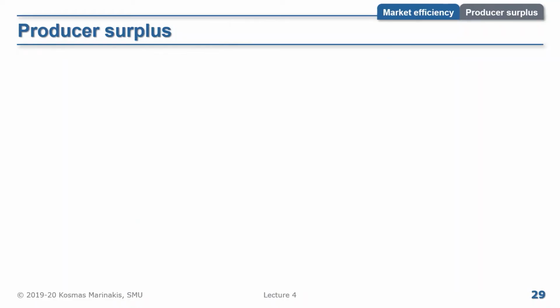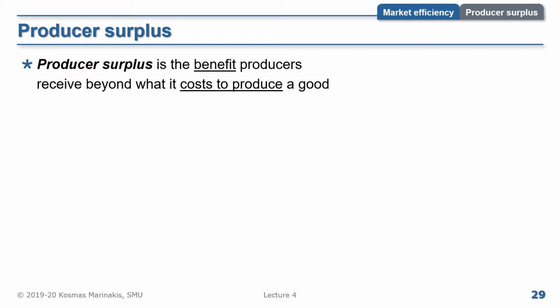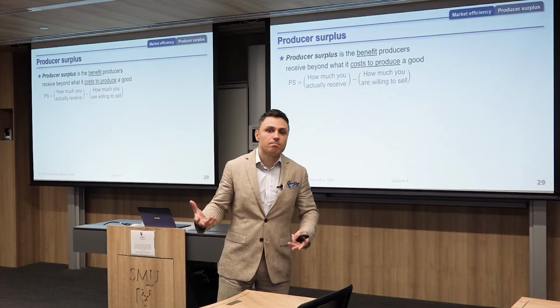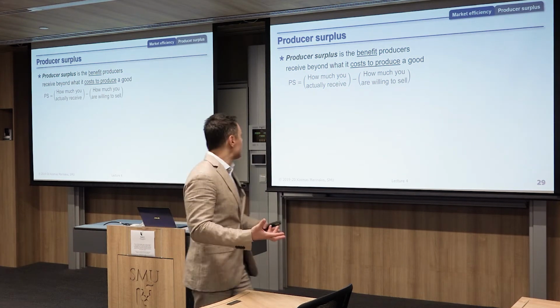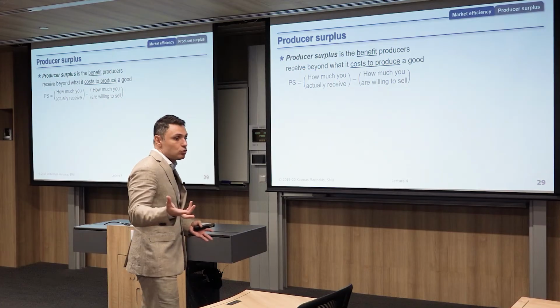Now, the same thing can happen from the side of the producer. Producer surplus is the benefit the producer receives beyond what it costs them to produce the good, beyond what they're willing to sell the good for. So the producer surplus is how much you actually receive, which is the price. You are receiving the price that you set for every product.